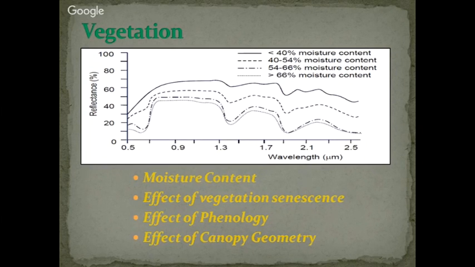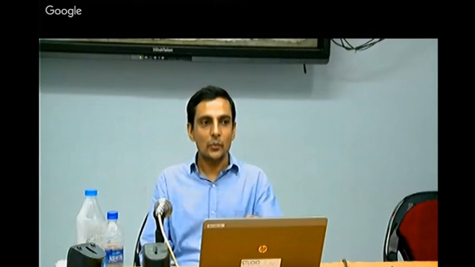Its spectral appearance will be different. But as it matures before harvesting, it turns brown or dark brown in color, which means that now the vegetation is maturing and the moisture content is becoming less and less, and it will appear differently. So by analyzing this changing moisture content, we can identify the stage at which that particular crop is.